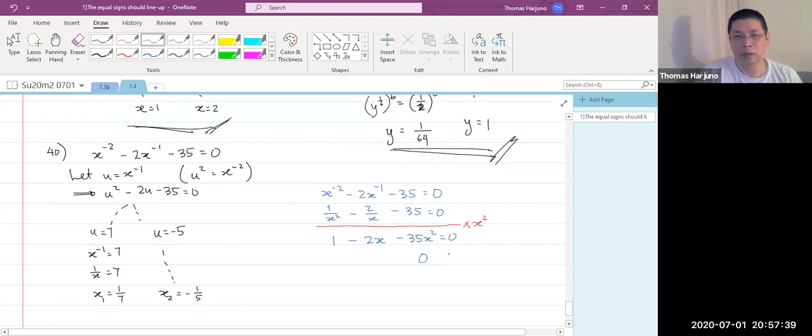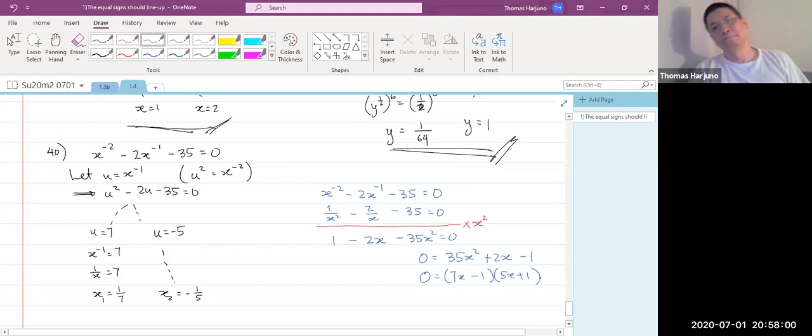Then we move to the other side, or you can also say multiply both sides by negative 1. And this is factorable as (7x, 5x), (minus 1, plus 1). You can try to factor. Okay, and then we get x equals 1 over 7, x equals negative 1/5.